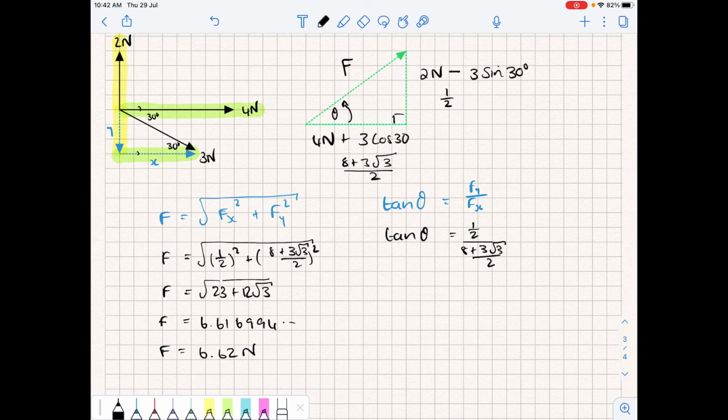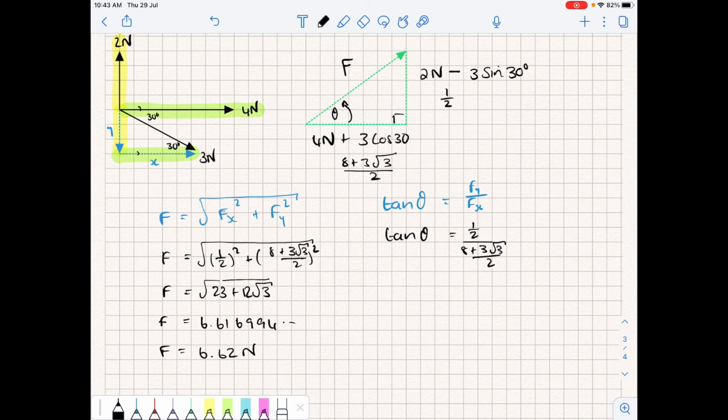I need to take the tan of that, and this is where having the exact value in your calculator helps, so you don't have to resolve it. Or you can resolve it: 4 plus 3 cos 30, which is 8 plus 3 root 3 over 2. We want 0.5 to be divided by that.